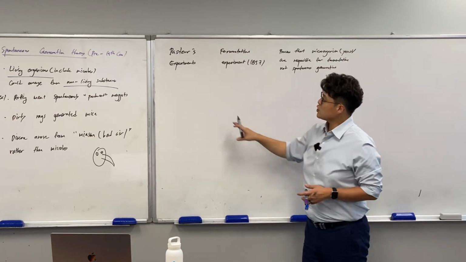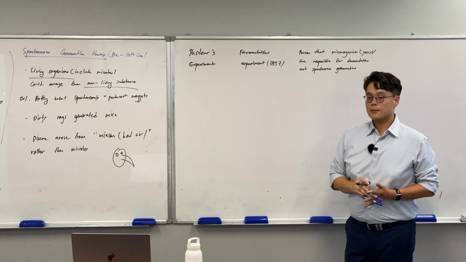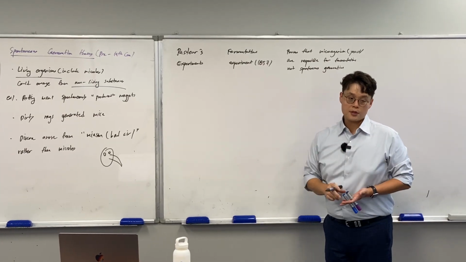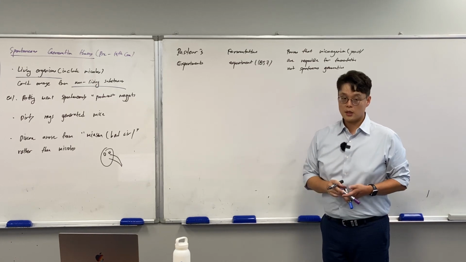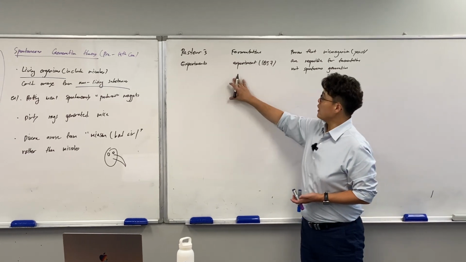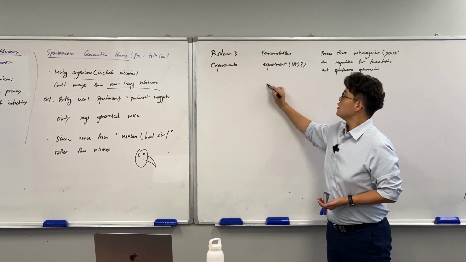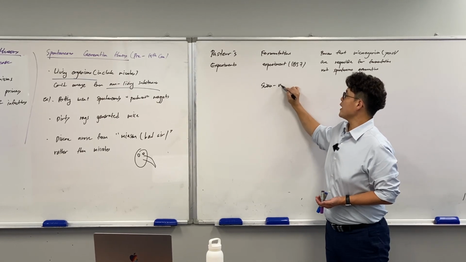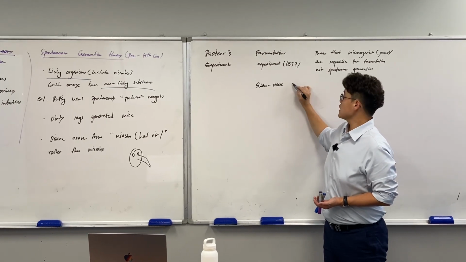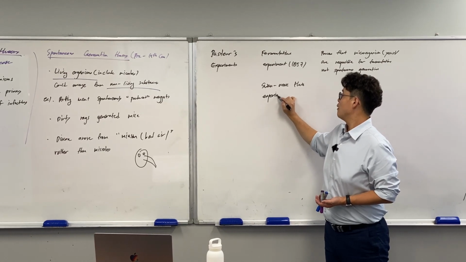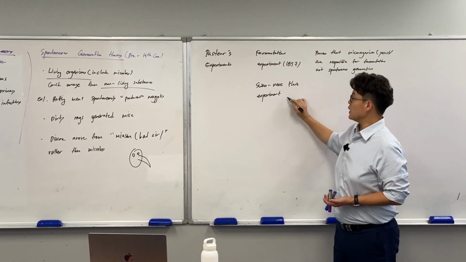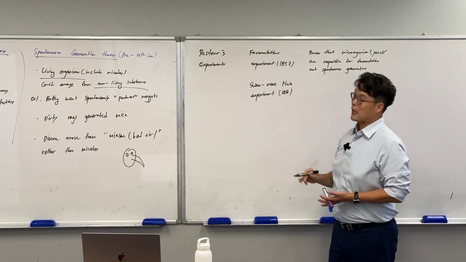So Pasteur from this experiment had some ideas: hey, we have microorganisms, they are doing something about the fermentations. So he developed that into the famous swan neck flask experiment. That was held in 1861, after 4 years.